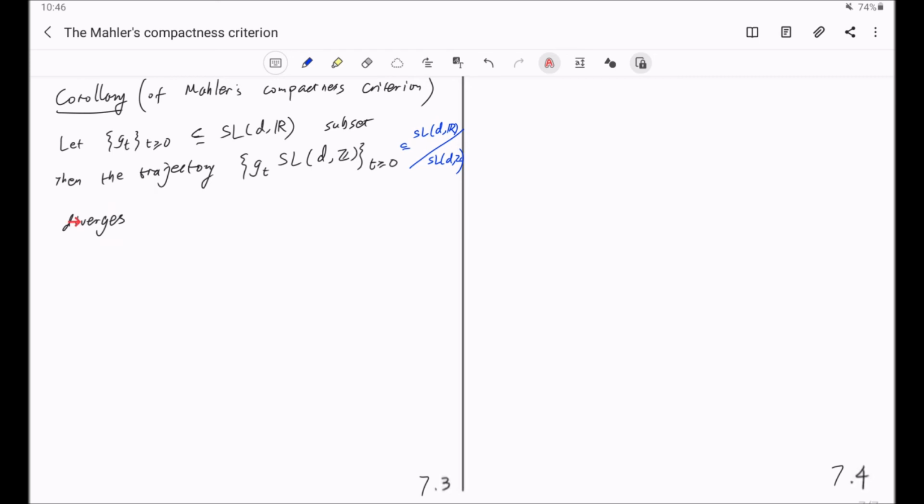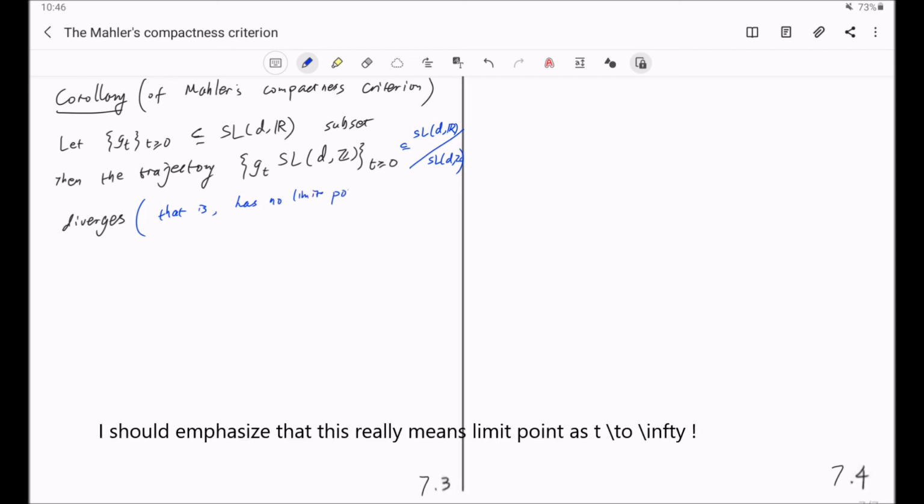What I mean by saying diverges is that this trajectory, this subset parameterized by non-negative real numbers, has no limit points in this homogeneous space.